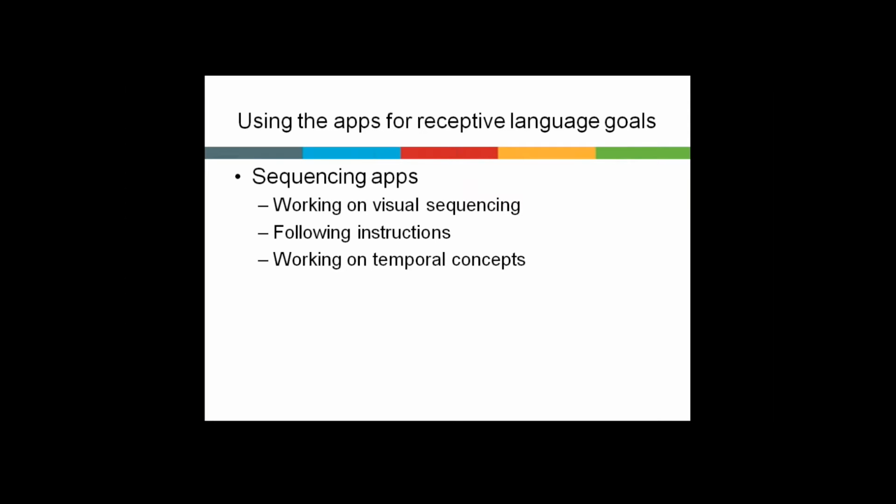It might be, for example, a personal care sequence, brushing your teeth, might be something like making a cup of tea, or it might be something more complex and abstract. So you can use sequencing apps nicely for receptive goals.